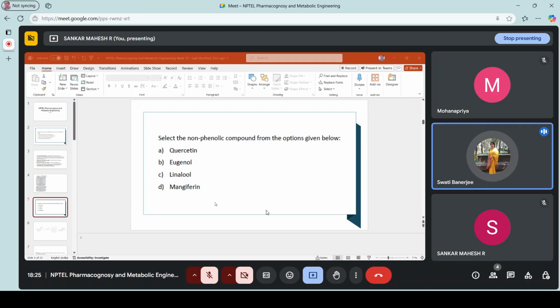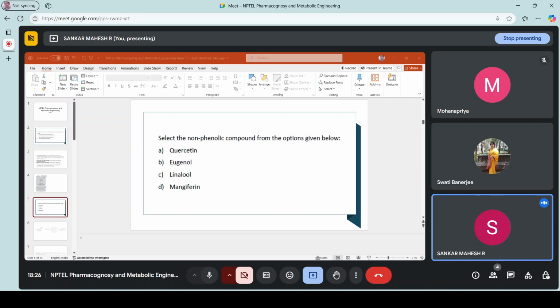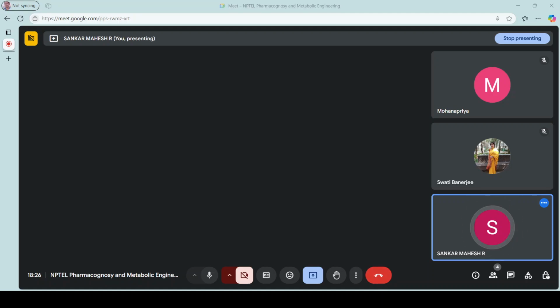Is it option C, linalool? Yeah, that's something that we discussed in the past 2 weeks, right? Yeah, and we'll look at the structures as well. So this is quercetin, this is eugenol, and this is mandroferin. While these two are normal flavonoids, this is a glycoside.